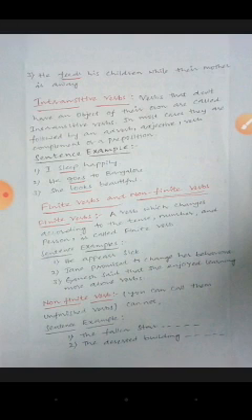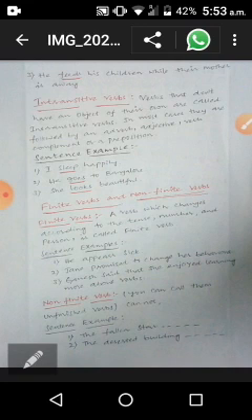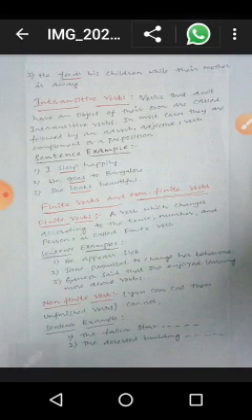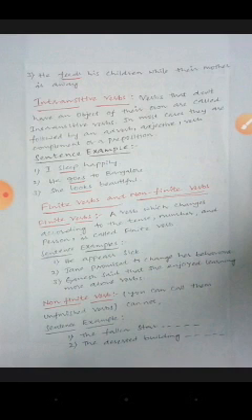Intransitive verbs: verbs that do not have an object of their own are called intransitive verbs. In most cases, they are followed by an adverb or adjective. I'll repeat it once again. Intransitive verbs do not have an object of their own, whereas transitive verbs are used together with an object.